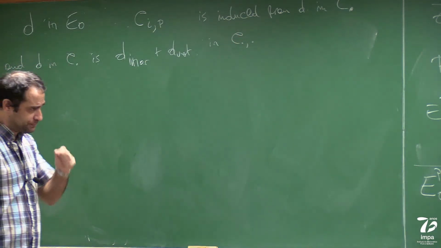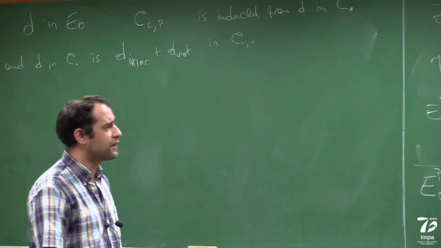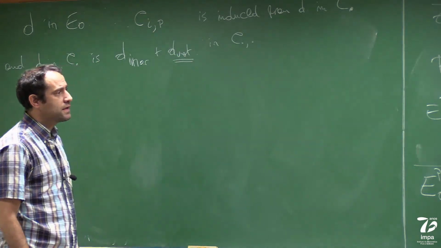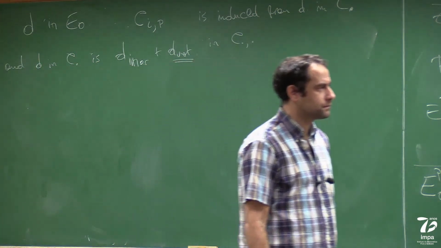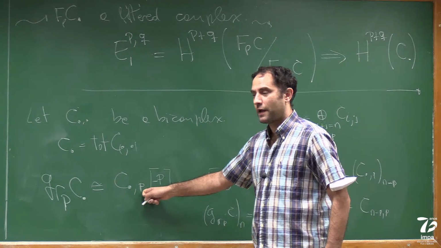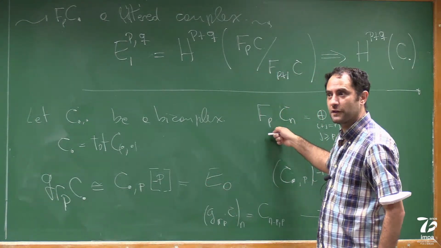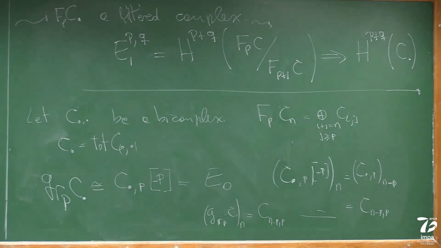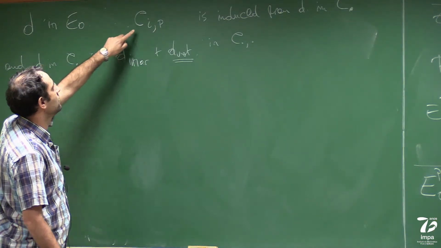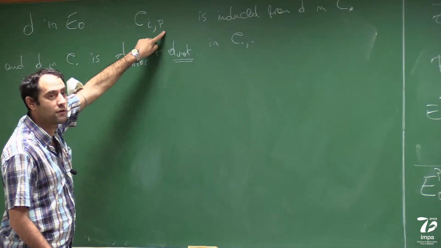Now, the vertical differential in this bicomplex increases the second component. Yeah, probably I mixed up vertical with horizontal, but it doesn't matter. So if I look at the vertical differential of this bicomplex, it increases this p. And increasing this p is 0 in the filtration because it goes to F^{p+1}. So the vertical differential is irrelevant, and only the horizontal differential matters. And the horizontal differential in this complex is just the horizontal differential of the complex C^{•,p}.